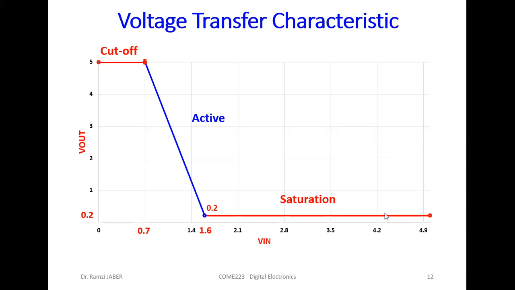So we draw it as parallel here. So we have 5 volts, then linear mode between this point 0.7 to 1.6 and 0.2. This is active mode, antenna application here. Then constant as low 0.2 volt in saturation mode.